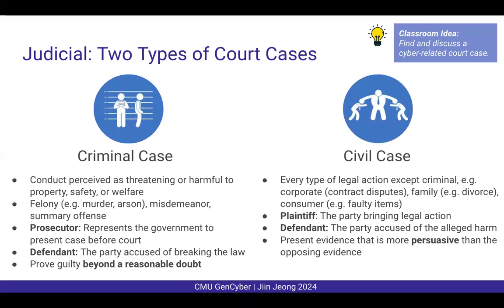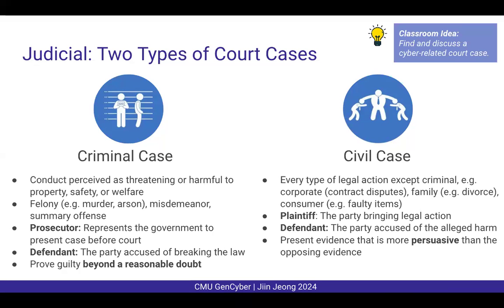When it comes to judicial, there are two types of court cases that we need to consider. There is the criminal case and there is the civil case. The criminal case, as you could tell from its name, deals with crimes. It's conduct perceived as threatening or harmful to property, safety, or welfare. On the most severe level, there would be the felony, such as murder or arson, but on slightly less severe levels, you could be prosecuted with a misdemeanor or summary offense.